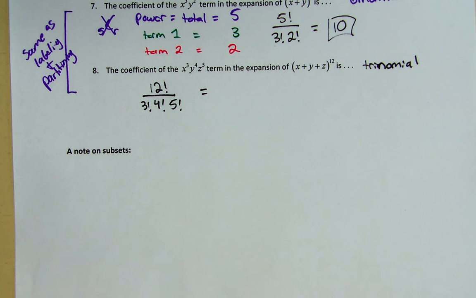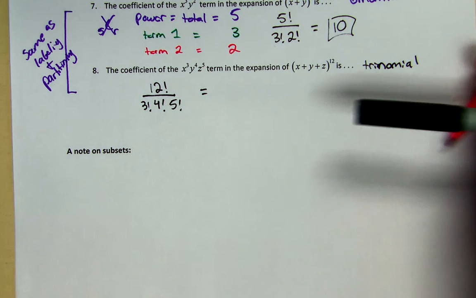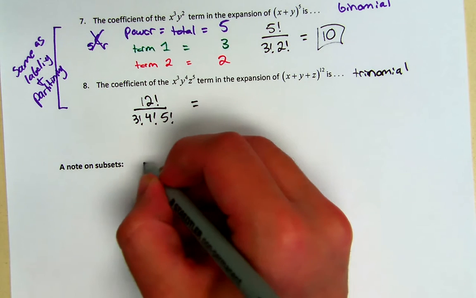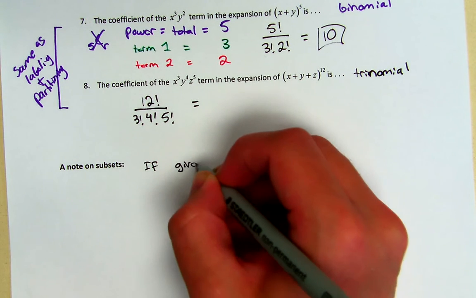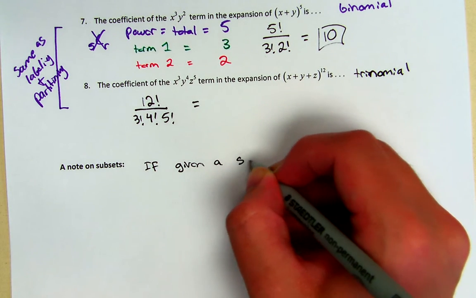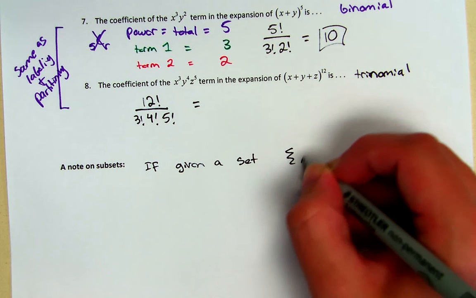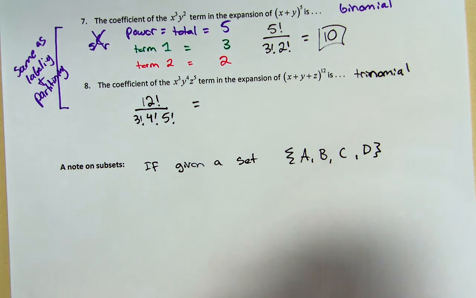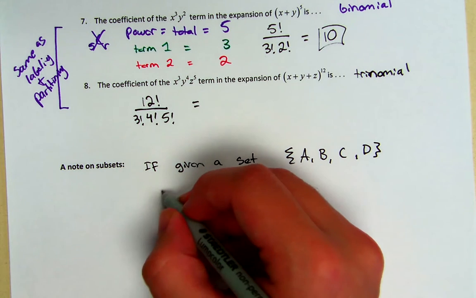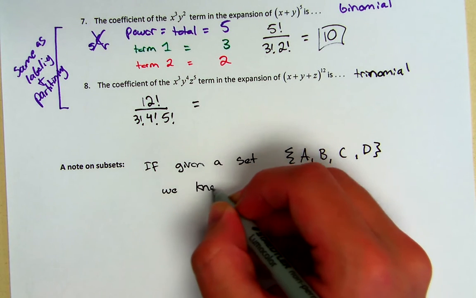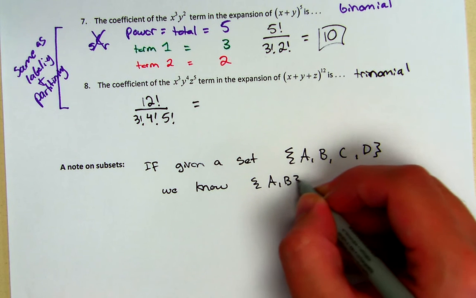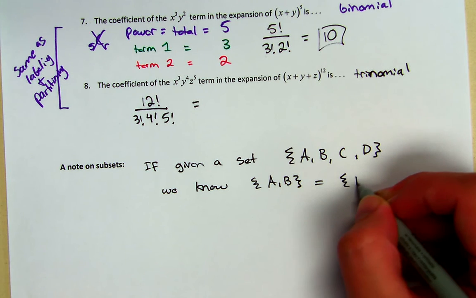Now, my last thing is a note on subsets. You have a question in your homework that's about subsets, so I want to go over those. So if given a set such as A, B, C, and D, we know that AB is the same thing as saying BA.